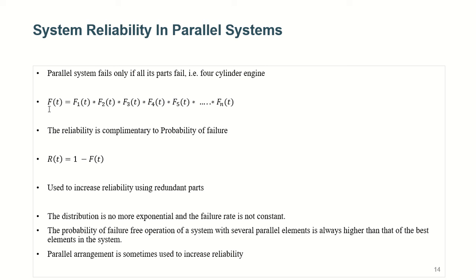If I represent each of my elements with F1, F2, F3, up to Fn, the resultant probability of failure will be F1(t) into F2(t) into F3(t) and up to Fn(t).